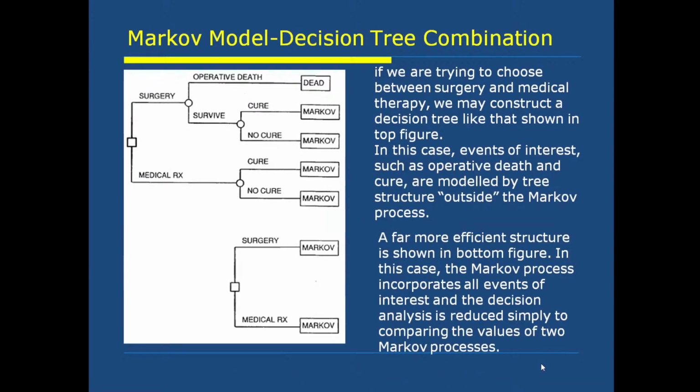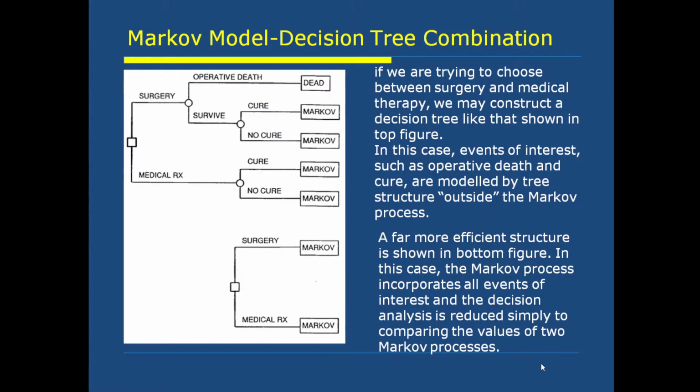On this slide, you see a Markov model and decision tree combination. If we are trying to choose between surgery and medical therapy, we may construct a decision tree like that shown in the top figure. In this case, events of interest such as operative death and cure are modeled by a tree structure outside the Markov process.